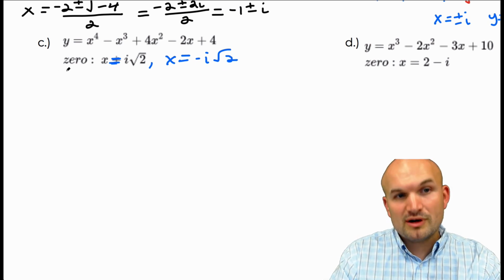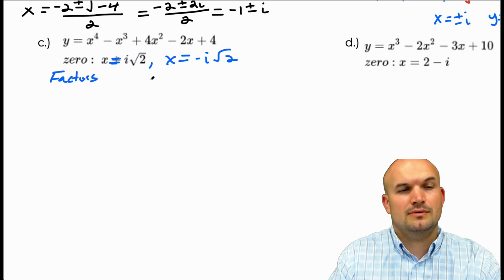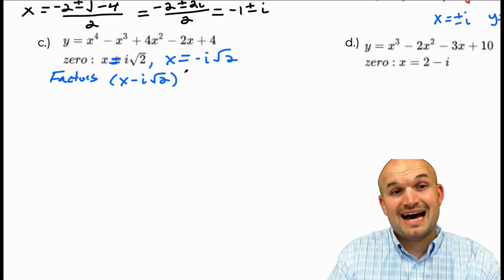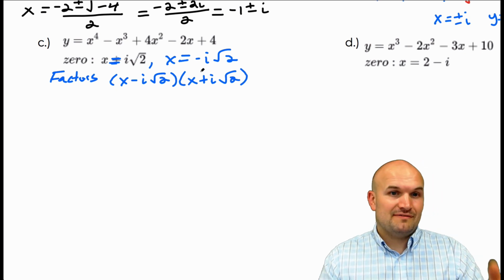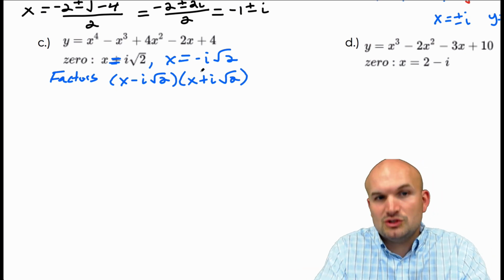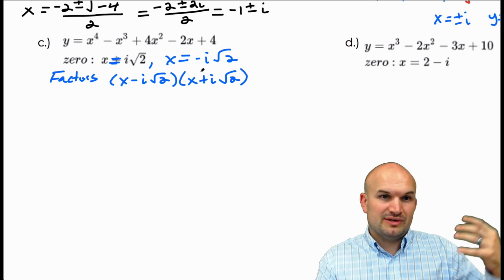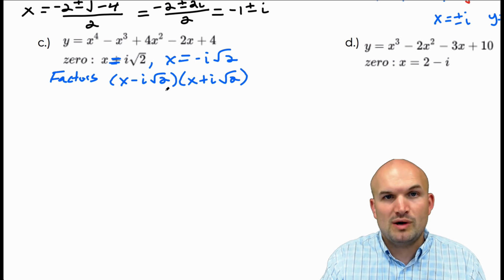So what's important about this is now I can write these as factors. If I write them as factors, they're going to be x minus i square root of 2 times x plus i square root of 2. And now that I have these as a product of two factors, I can multiply them. What's nice about dealing with complex numbers and their complex conjugates is that this is again the difference of two squares.